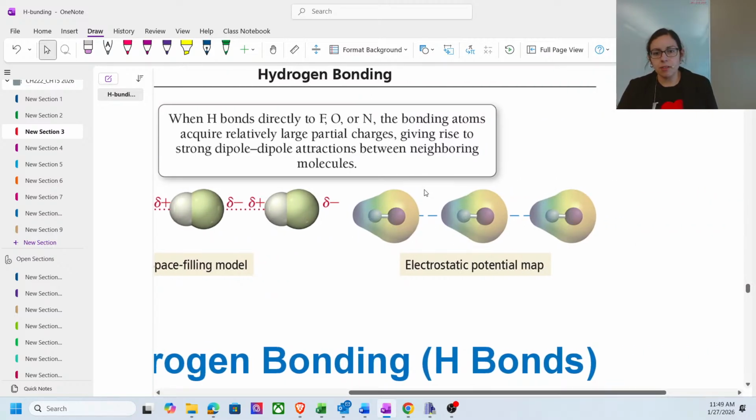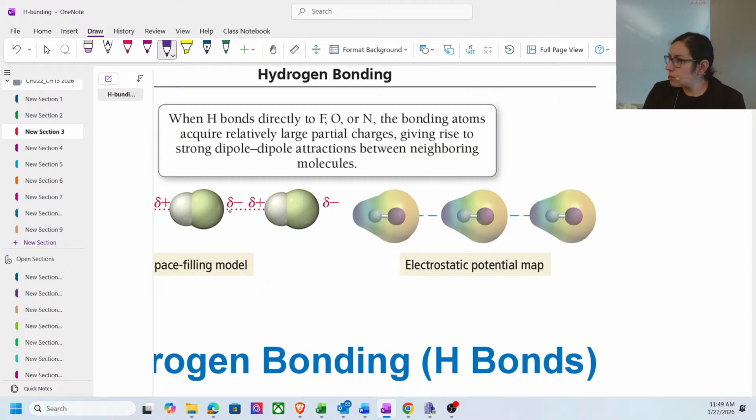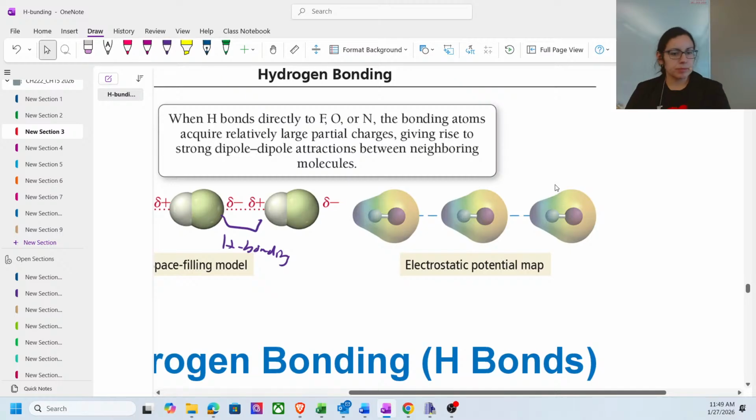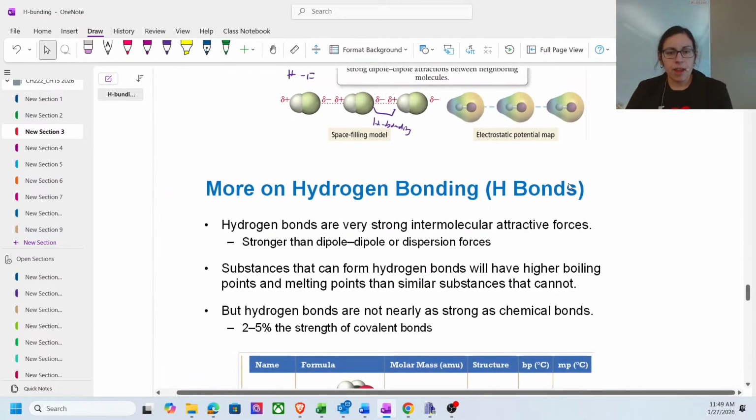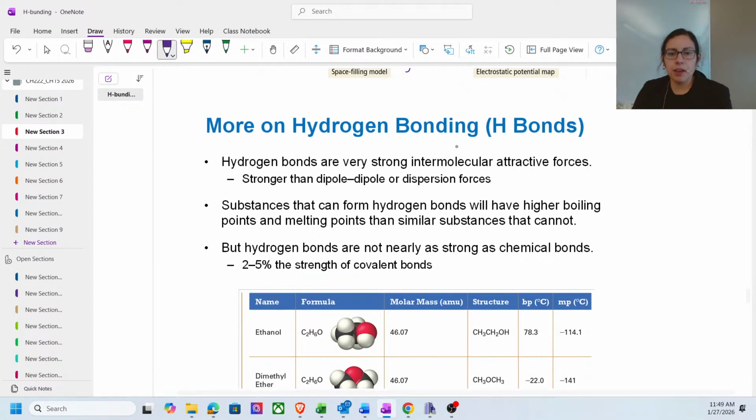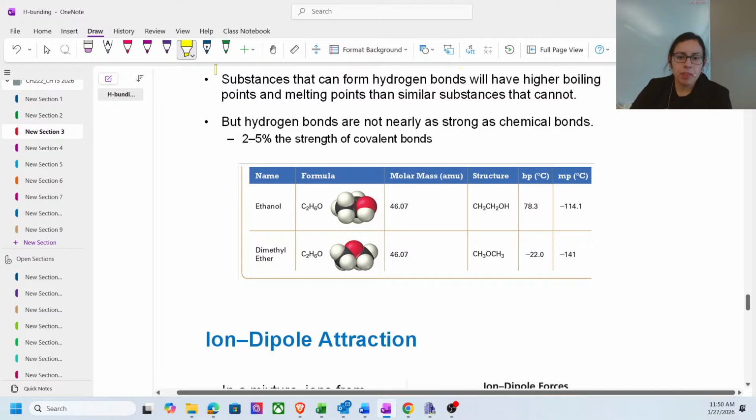Again, very large electron density on fluorine, leaving our hydrogen exposed. And then our interactions between our neighboring ones gives us our hydrogen bond there. And so hydrogen bonds are then extremely strong intermolecular attractive forces, stronger than dipole-dipole or dispersion.